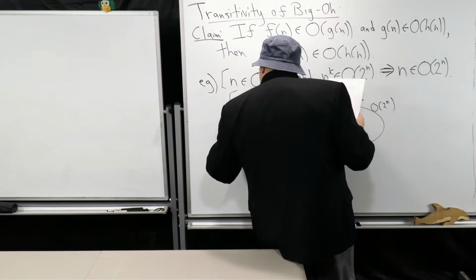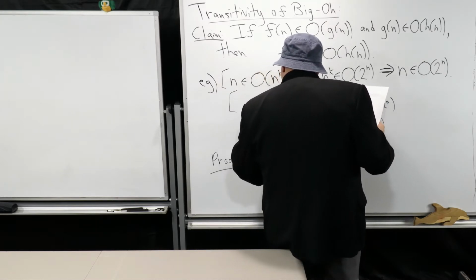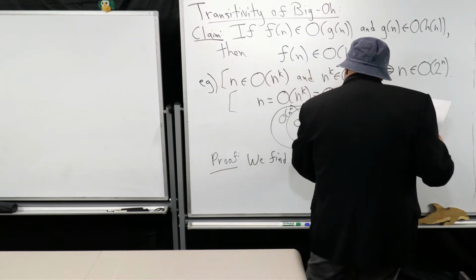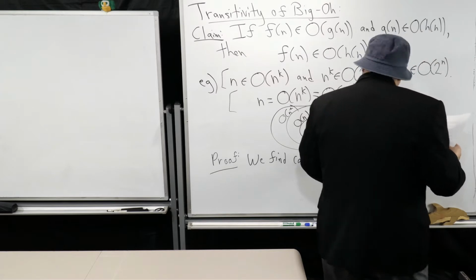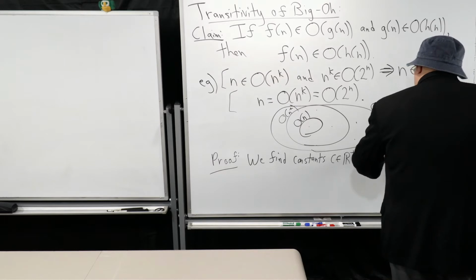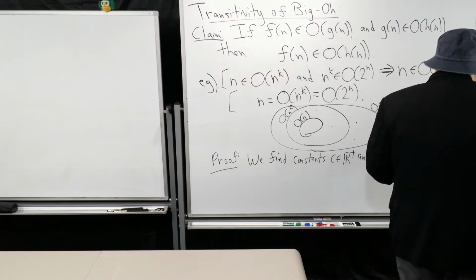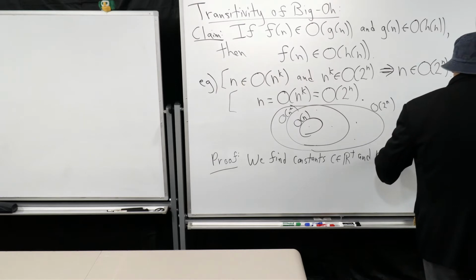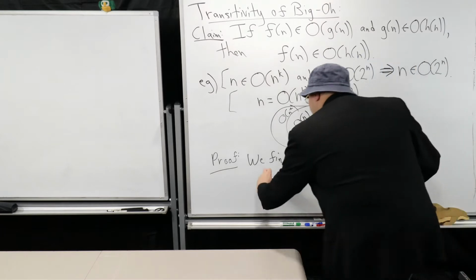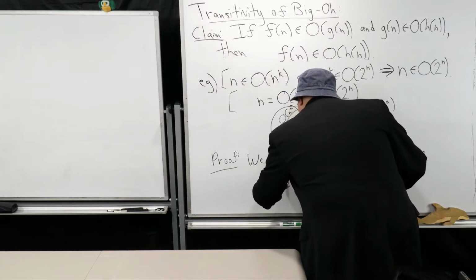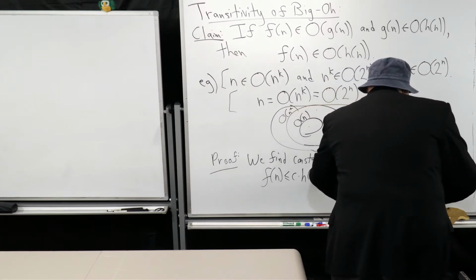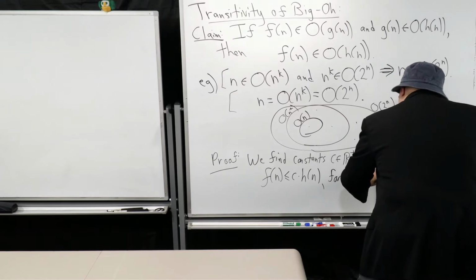So what do we do? We find constants. C, remember C is a positive real number, and n0 is a positive integer, right? Where f of n is less than or equal to c times h of n for all n greater or equal to n0.